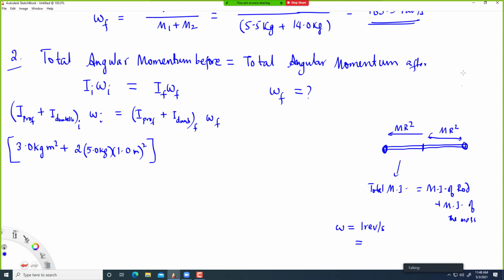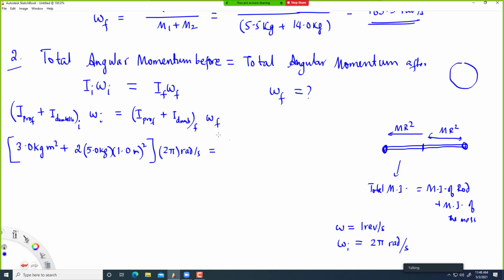When you make 1 revolution, what's the angle you make? 2 pi radian, right? So you make 2 pi radian in 1 revolution. So that's the initial angular speed of the person.